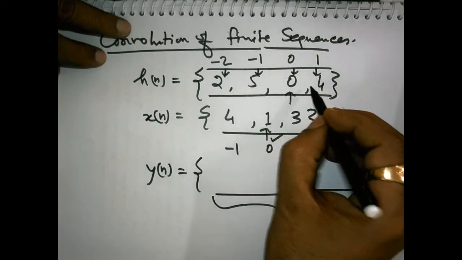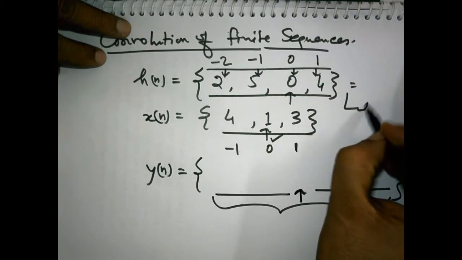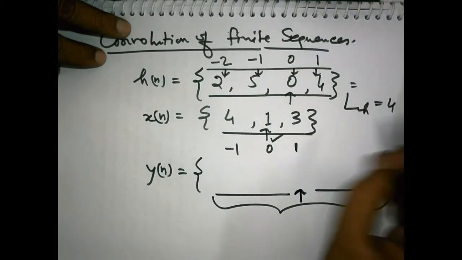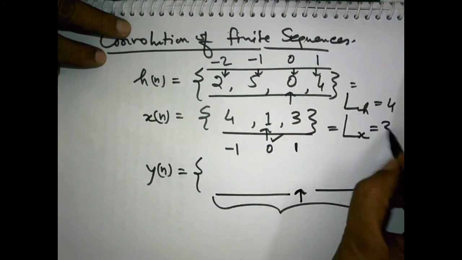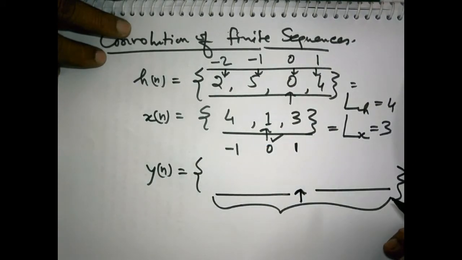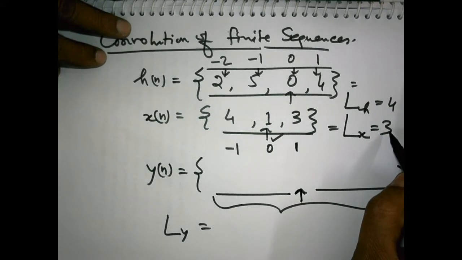Here the number of samples, the length of h, is 4, and the length of x is 3. So we will see if the length of y is related with the length of h and length of x. Yes, they are related.